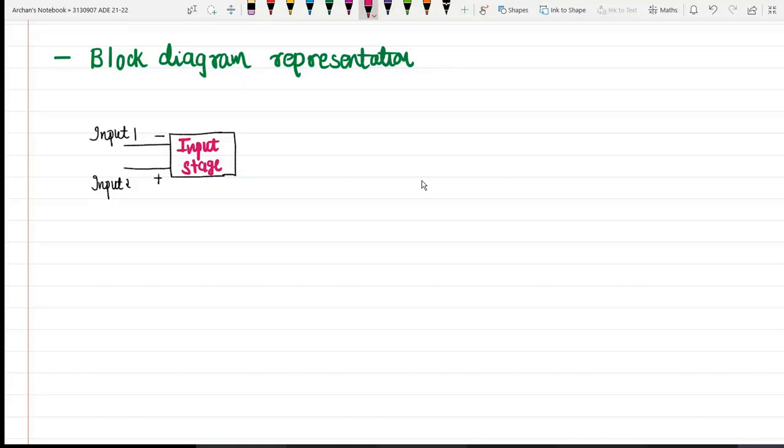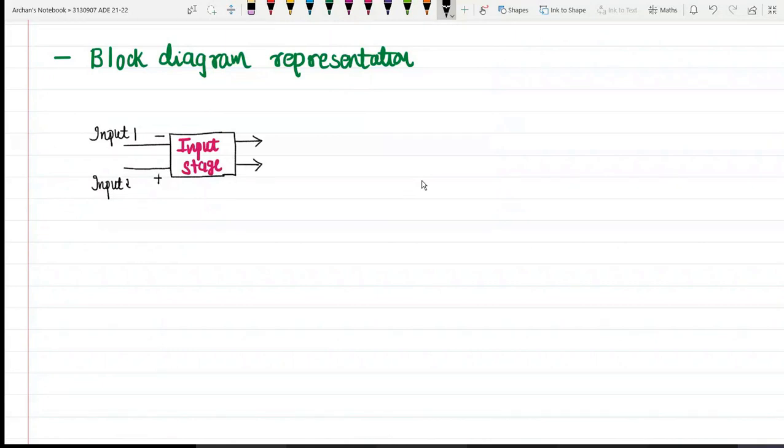This differential amplifier has high input impedance, and this stage will provide most of the voltage gain of the amplifier. So this is my dual input balanced output stage, and we will have the output voltage at the end of this input stage.